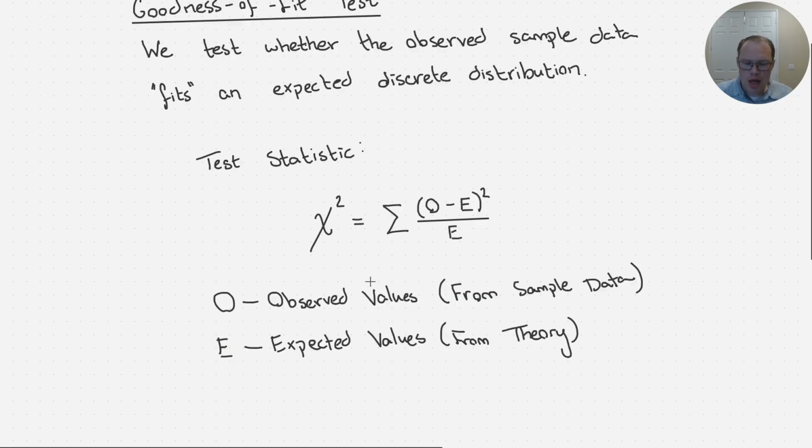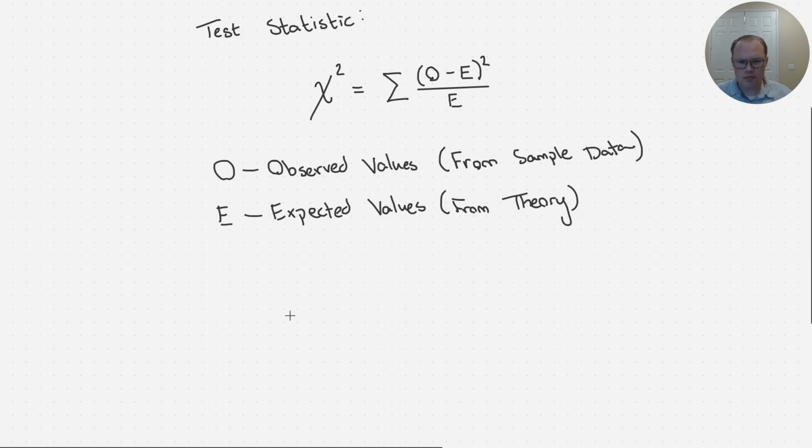Now, this goodness of fit test does have a degrees of freedom. It's a chi-square distribution, so it has degrees of freedom equal to k minus 1. This is a little different than what we've used to calculate degrees of freedom in the past.